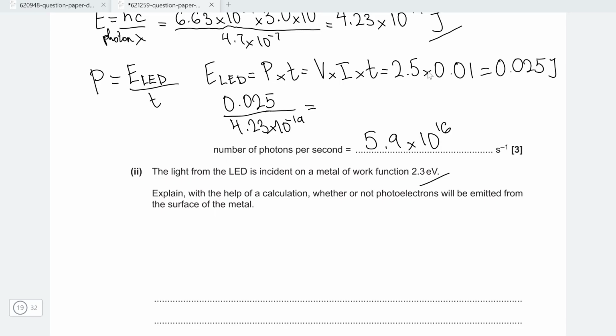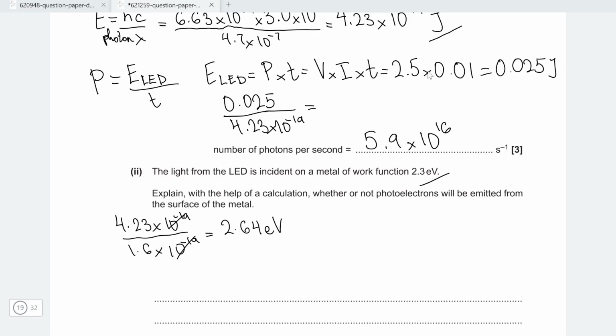So the energy of a photon is going to be 4.23 times 10 to the power of minus 19 joules divided by 1.6 times 10 to the power of minus 19, and this is going to give us about 2.64 electron volts.